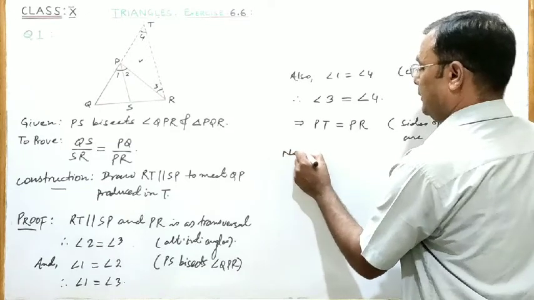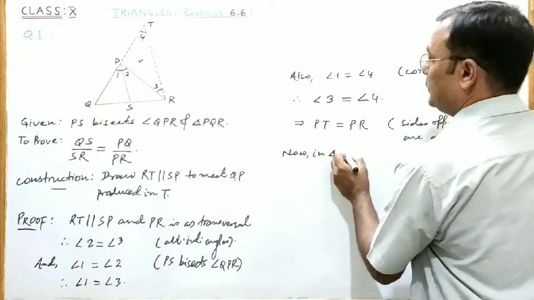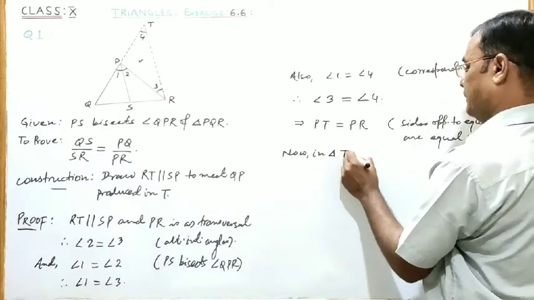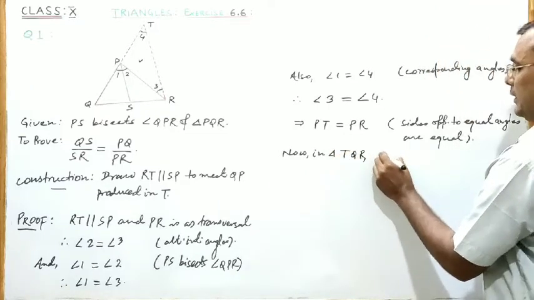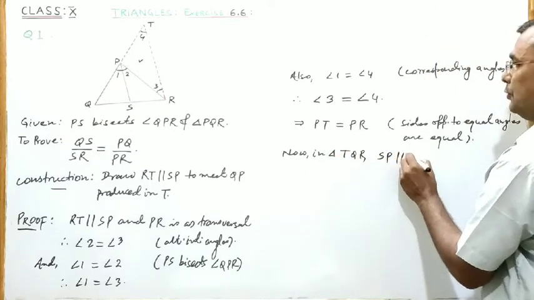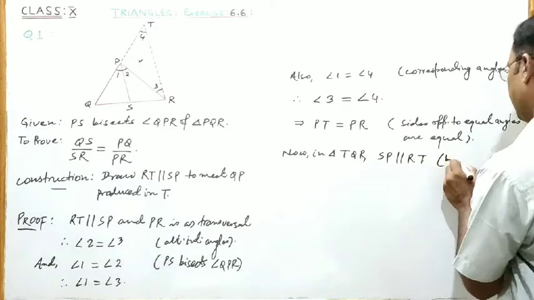Now in triangle TQR, SP is parallel to RT by construction.